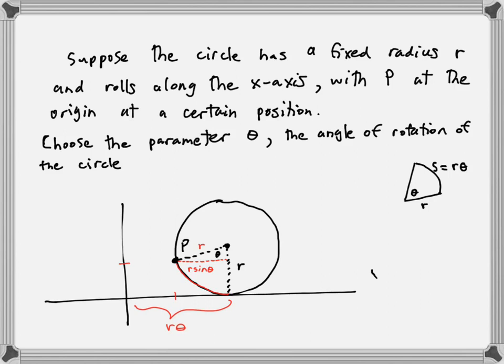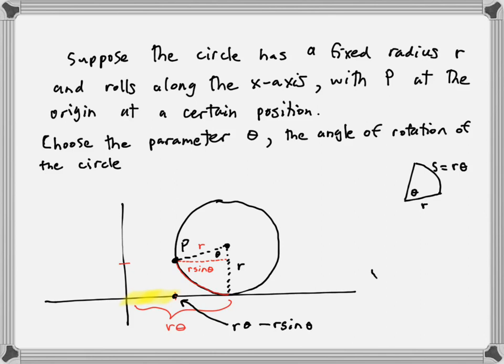Okay, so what would this distance be right here? This distance right here would be the entire length minus the r sine theta, right? And so that gives us our x coordinate. This point right here must equal the whole thing, r theta, minus r sine theta. So we found the x coordinate.